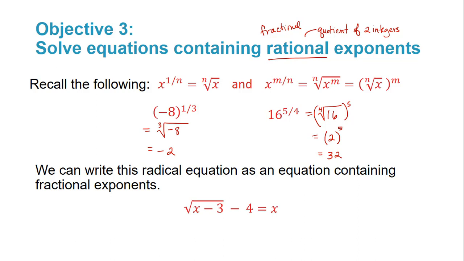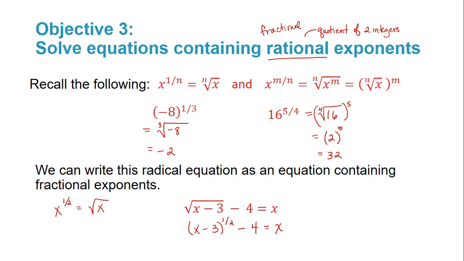We'll come back to seeing these as we go through some solving equations. Now, how does this relate to what we've already learned? Well, we can actually write a radical equation as an equation containing fractional exponents. If I see the square root of x minus 3, minus 4 equals x, which is what we just solved in the previous objective, well, the square root of x minus 3 is the same thing as the quantity x minus 3 to the 1/2, then minus 4 equals x, because x to the 1/2 is the square root of x.